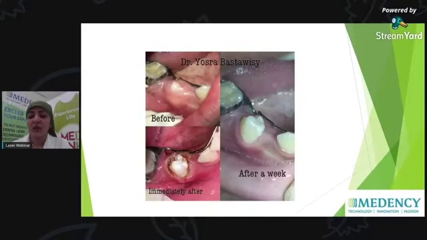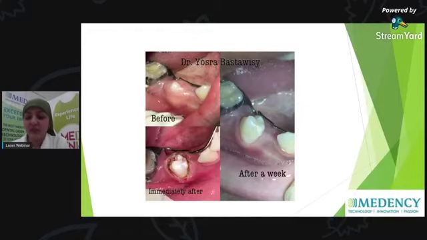Okay, here, this is a kid. As you can see, he's wearing a space maintainer, and his premolar has an overgrowth of gingiva over it. His orthodontist said he can't put the brackets of the braces on the premolar. So I did an exposure for the tooth using diode laser, of course, and I did decontamination and hemostasis after the procedure.